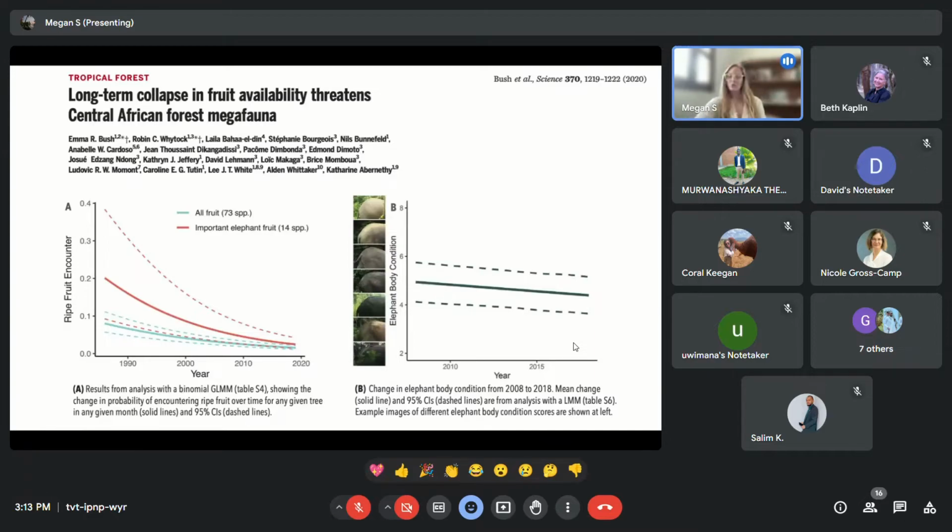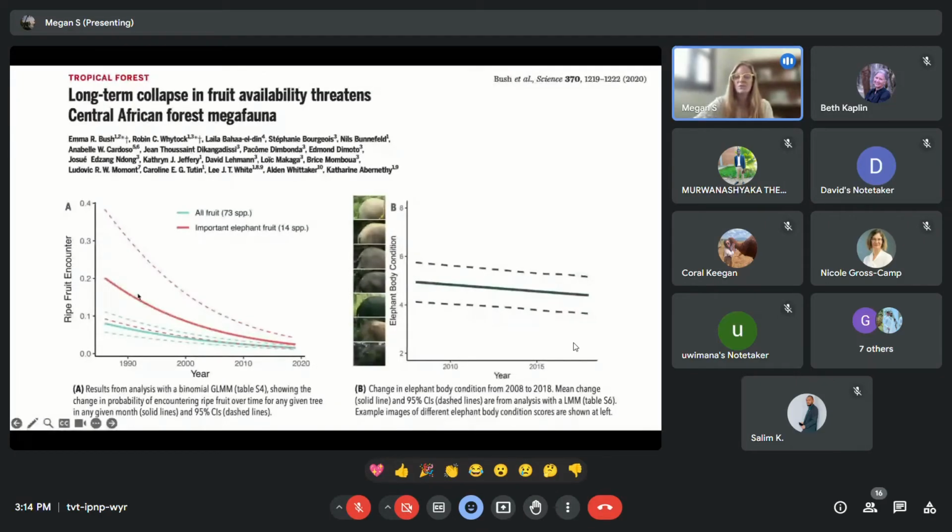And what they found was this pretty dramatic pattern. They looked at ripe fruit encounter, in these blue lines on the graph, from 1988 to 2018, and they found that there was a decline in all fruit production in the entire community that they observed over that time period.